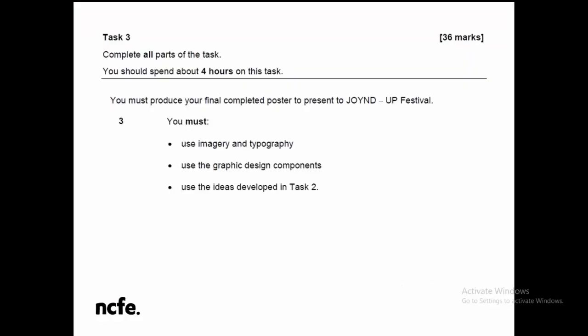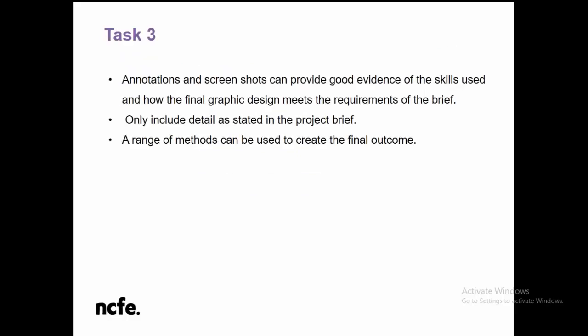So the maximum marks available for Task 3 is 36, and this is where learners present their final graphic design idea. Some learners provided evidence of the skills used in the creative process by digitising hand-drawn images using Photoshop.